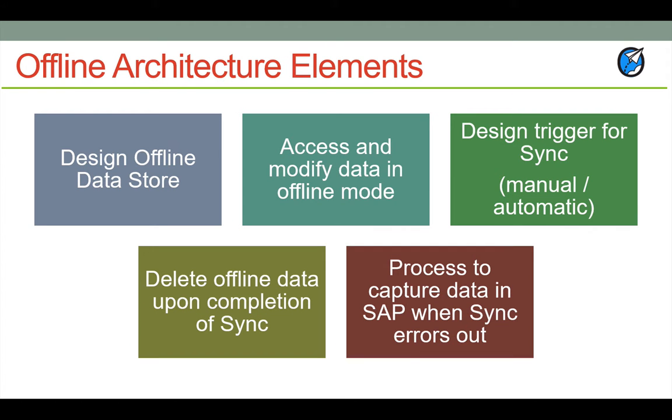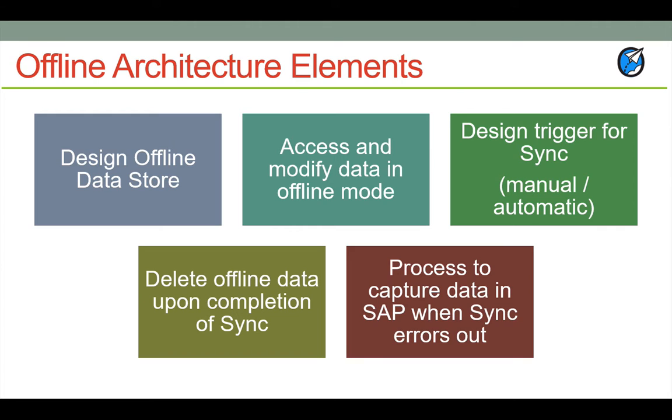Okay, with that out of the way, let's talk about the main design elements of an offline app. Because the data is stored on the UI layer, you need to actually design the table structures along with keys and how the data is related to one another on the device.